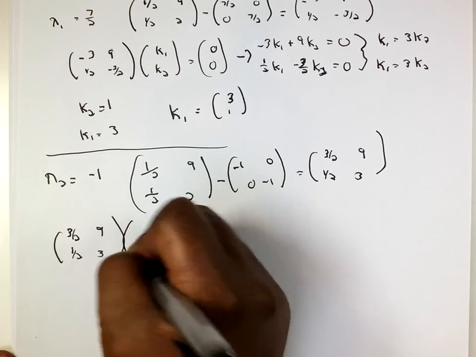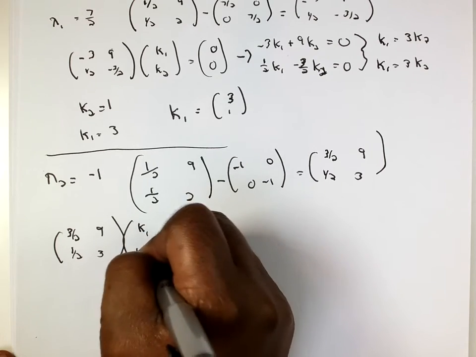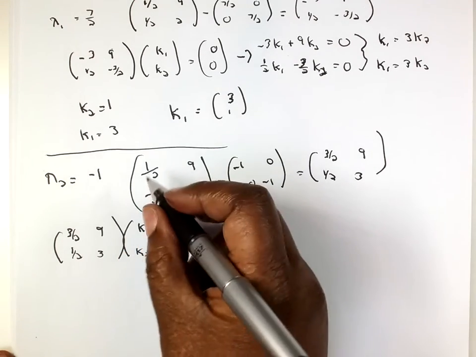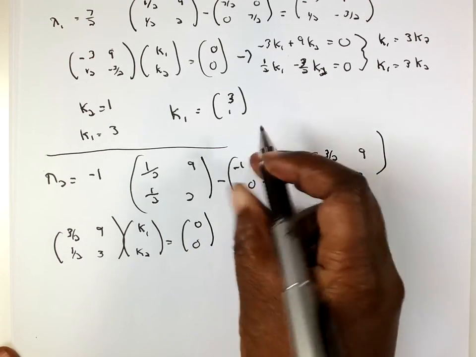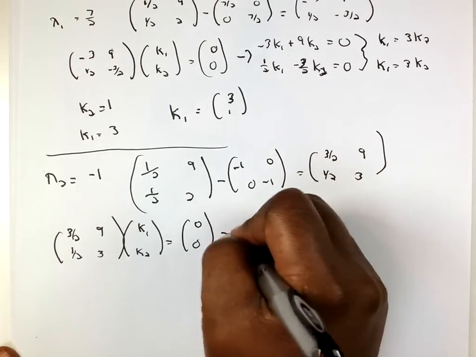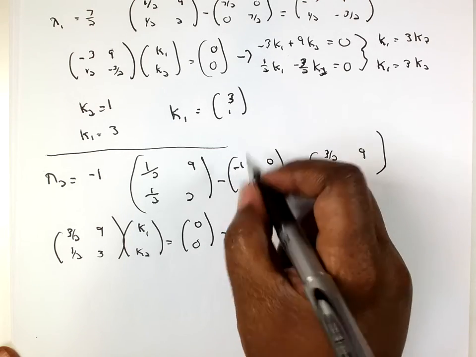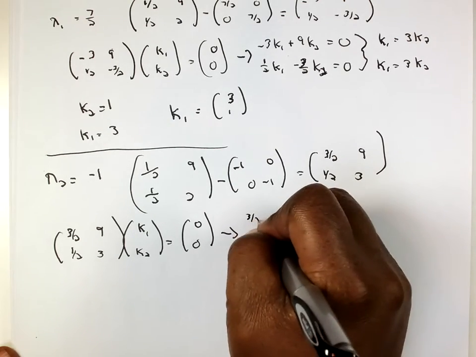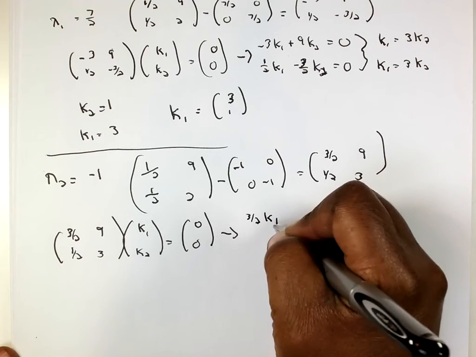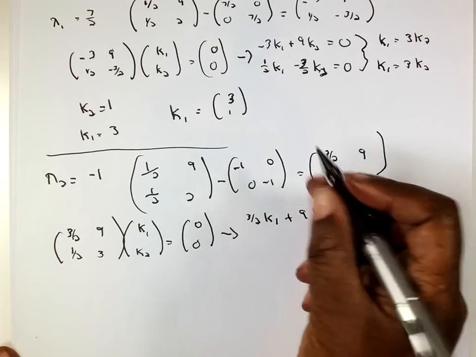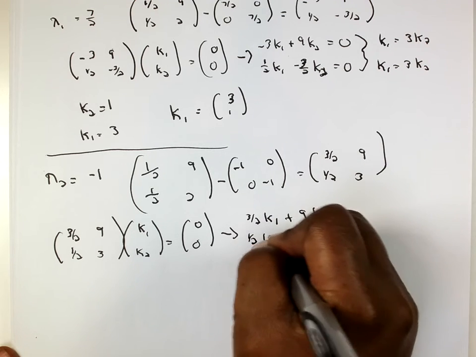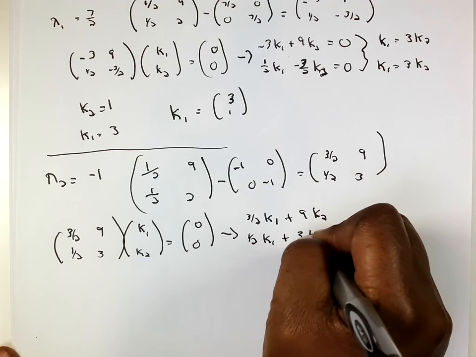And I have to multiply it by k. So the first row, I get 3/2 k1 plus 9 k2. And the second row, I get 1/2 k1 plus 3 k2.